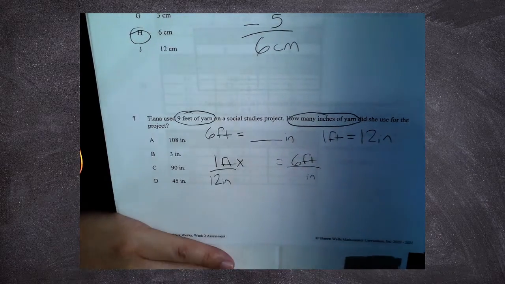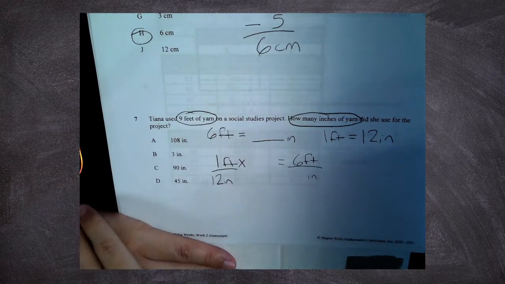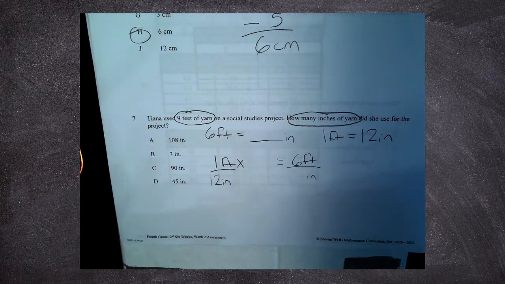1 times something will equal 6. What would I need to multiply? 1 times what would be 6? Bella, 1 times what? What would I multiply? 1 times blank equals 6. 1 times 6.